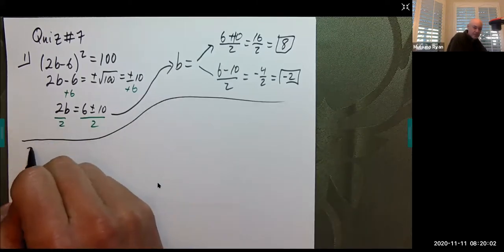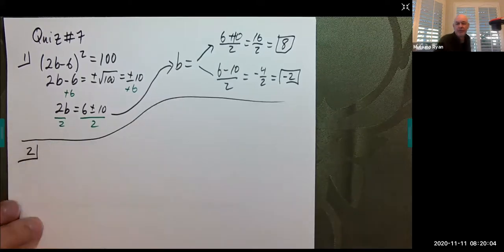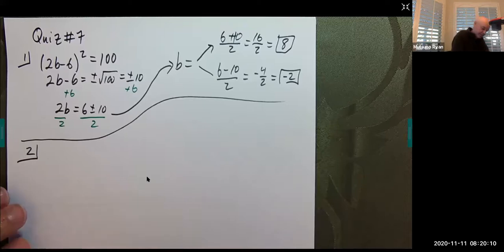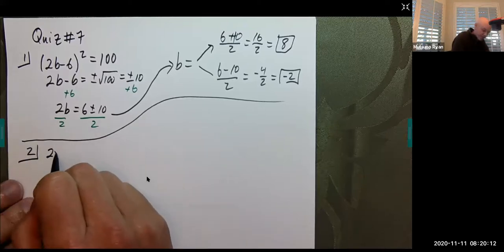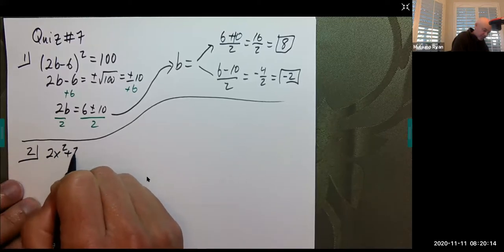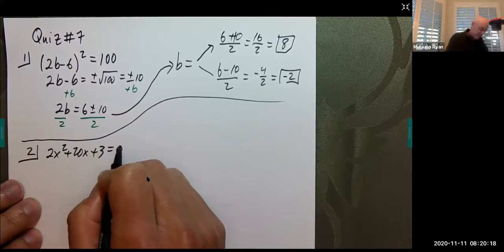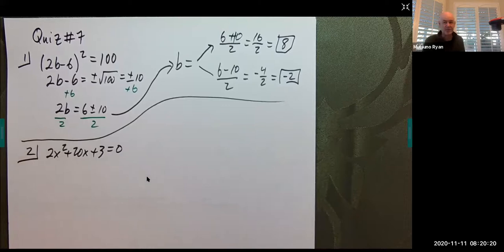So number 2 is we have an equation, it's a quadratic equation, which means we are most likely going to have to use the quadratic formula, which I'm going to assert over here.